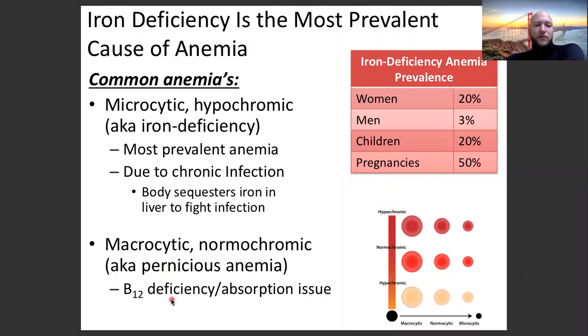Pernicious anemia, or B12 deficiency, or cobalamin deficiency, causes a macrocytic normochromic anemia. If you remember, we talked about B12 in our digestive tract, our gastrointestinal system video near the beginning of the semester.